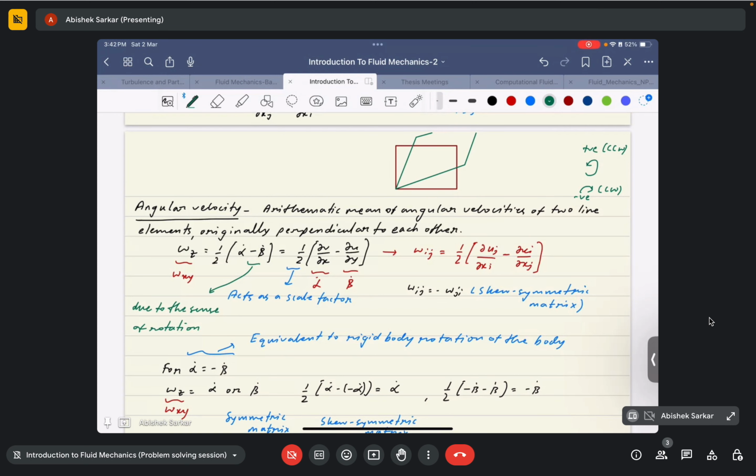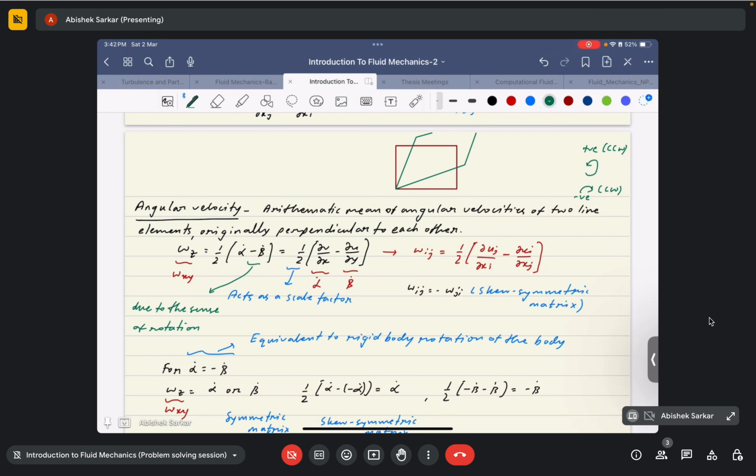But the general sign convention that has been used in this course, and which I personally like to use, is that the counterclockwise direction I take to be the positive sense, and the clockwise direction the negative sense. Why? Because this is a general trend that has been used by many authors and in many research publications as well.